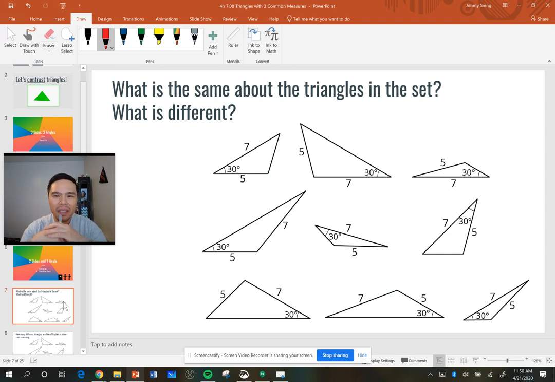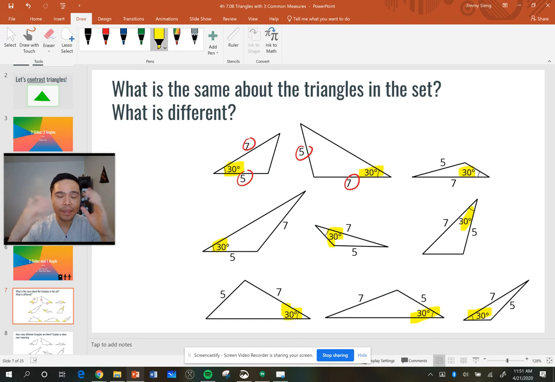If I was to look at these triangles, well, I noticed that all these triangles have 5 and 7 with them. Okay, do you see that? And I also noticed that they have 30 degrees involved with them. But ask yourself this, are these the same sizes? Are these the same shapes?